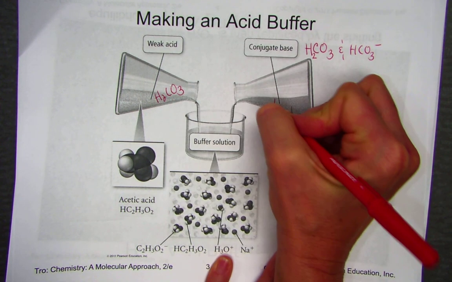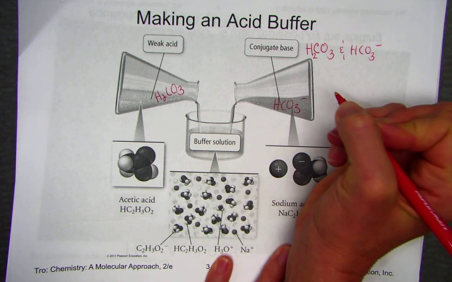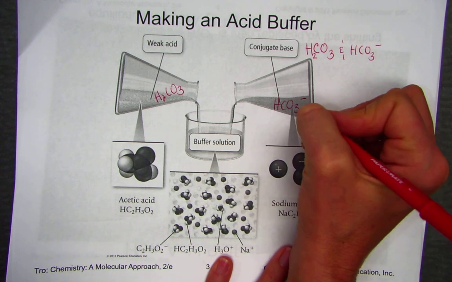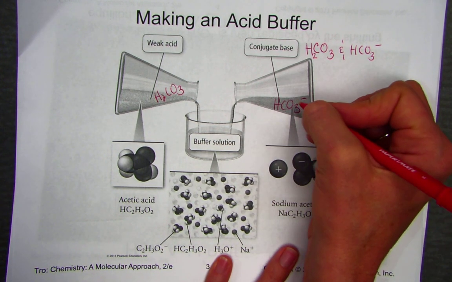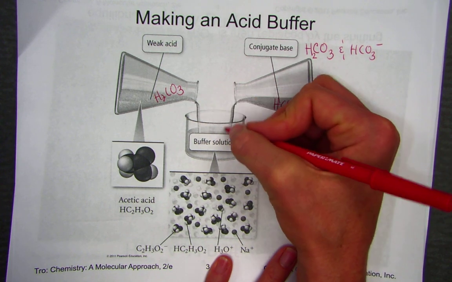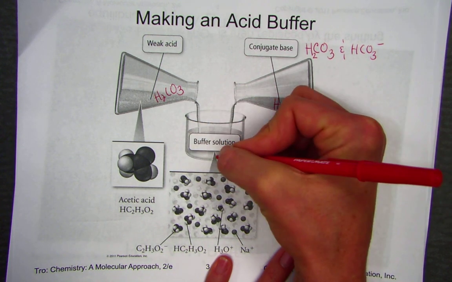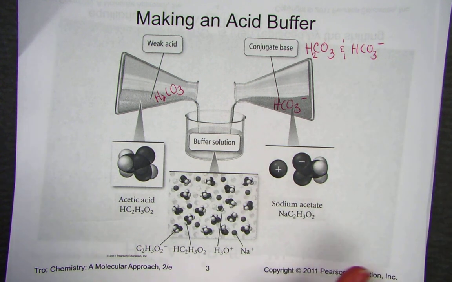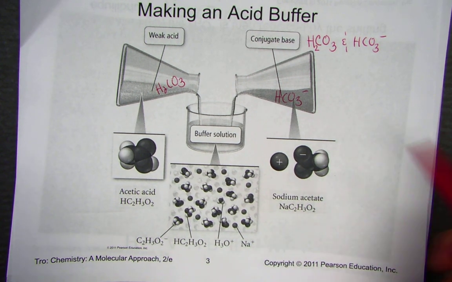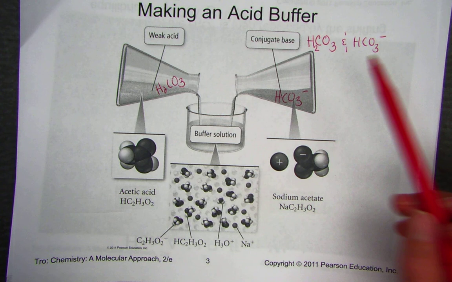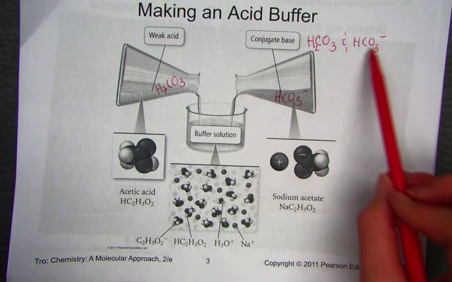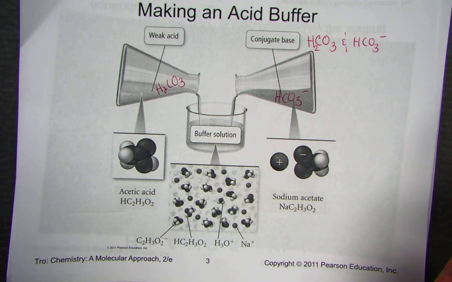H2CO3 is the acid, the conjugate base is the bicarbonate ion. Perhaps this is baking soda dissolved in water, sodium bicarbonate. We pour those into the same solution to create a buffer. So we have all kinds of opportunities for buffers. From the previous slide, carbonic acid with hydrogen carbonate.